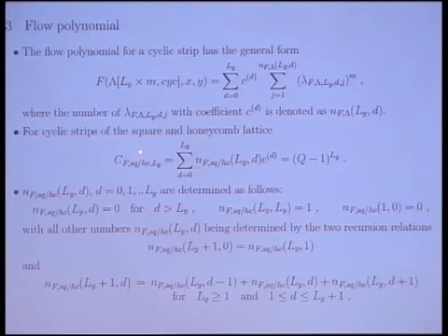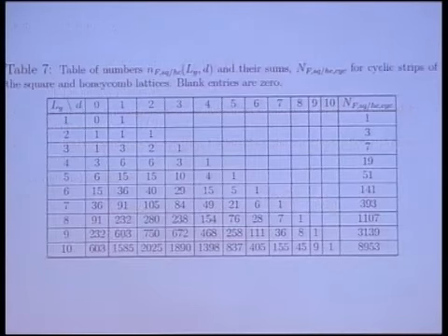And again by the coloring argument we know the summation of the coefficients should be given by this expression, because we can think of the flow polynomial on this planar graph as the chromatic polynomial of its dual strip. So by the same consideration we can get this table for the flow polynomial on the cyclic strip of square and honeycomb lattices.